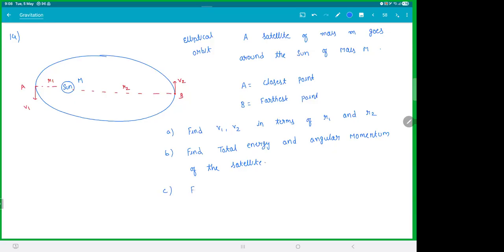Third, find the time period. What is the time taken for one revolution? That's a really weird one, huh? Find time period for one revolution.